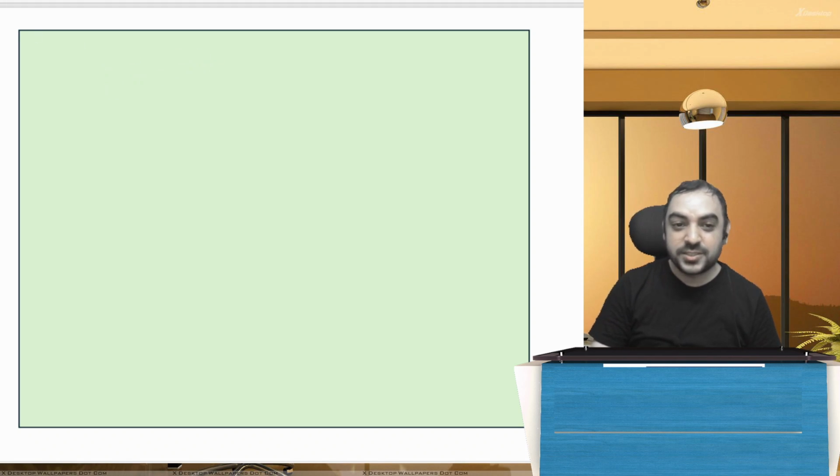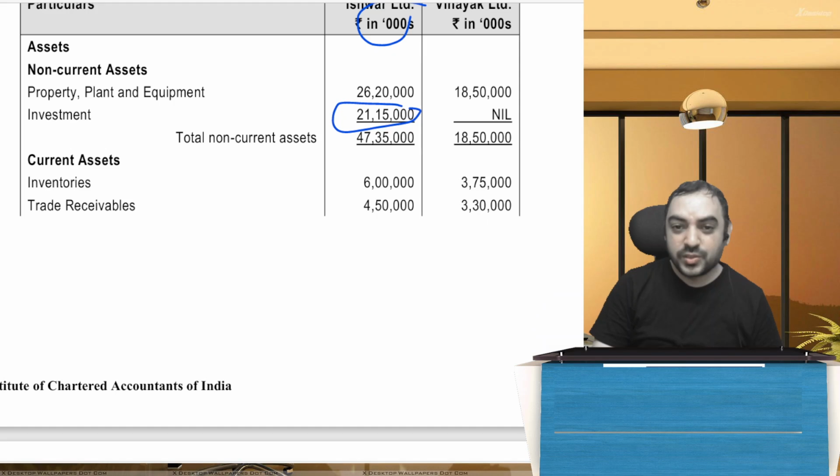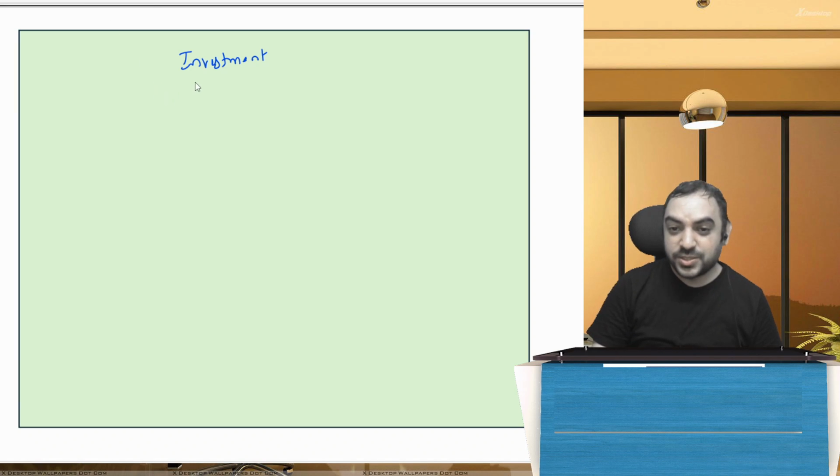So investment, if I give a breakup, the amount is 21,15,000. This I will break down into 3 parts and do it one by one. First, cost of acquisition.